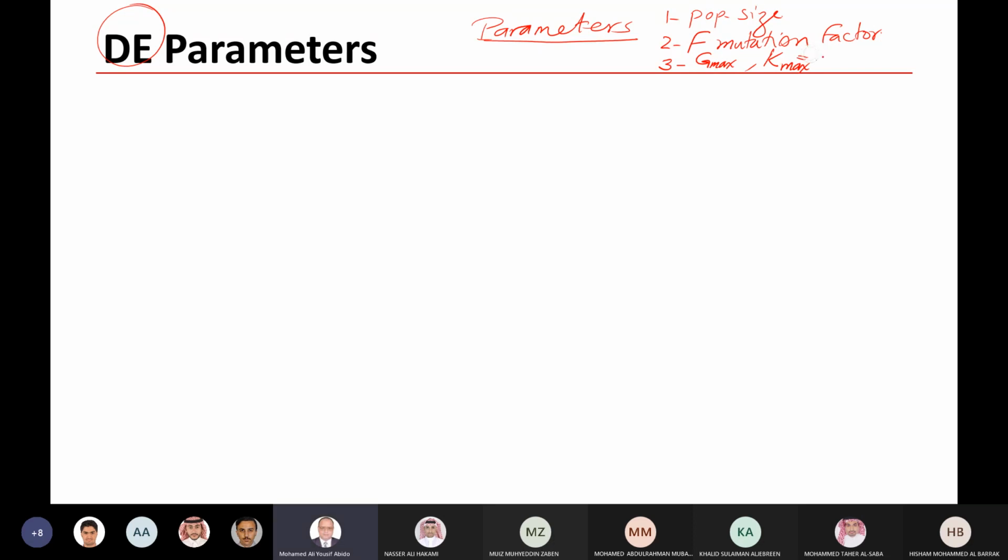This is the maximum number of iterations or generations where the best solution doesn't change.